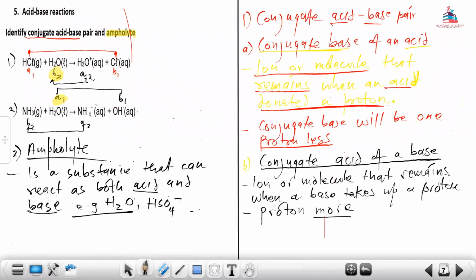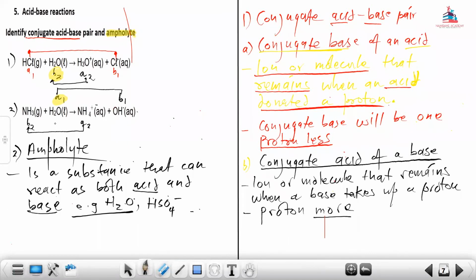So the basic idea that I can give you is to use Lowry-Bronsted in order for you to understand that. In the first reaction, we see that H2O accepted a proton, so it must be a base. In the second reaction, we realize that what did it do? It now donated a proton.